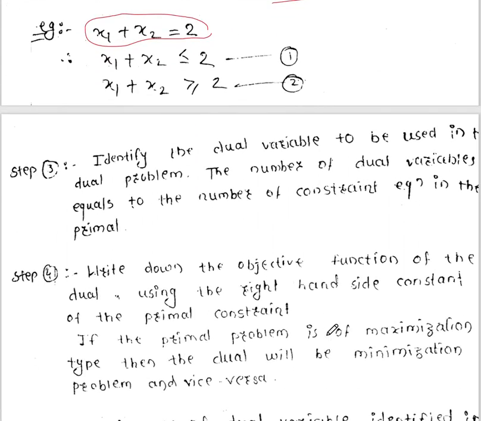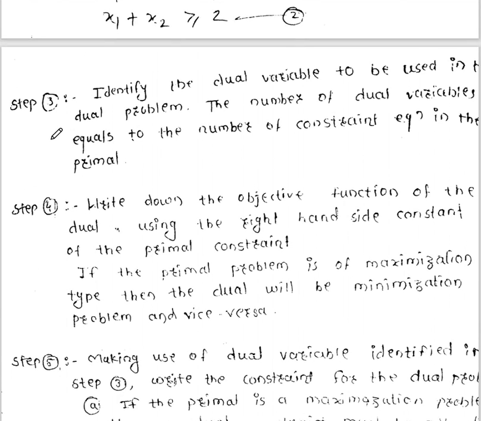Now, step number 3. Identify the dual variables to be used in the dual problem. The number of dual variables equals the number of constraints in the primal problem.